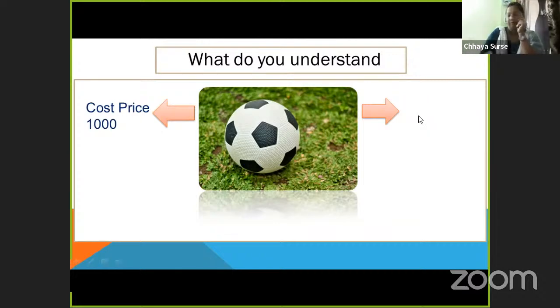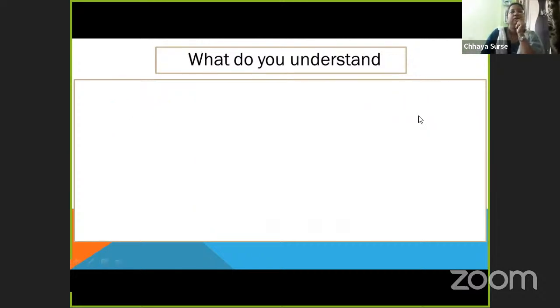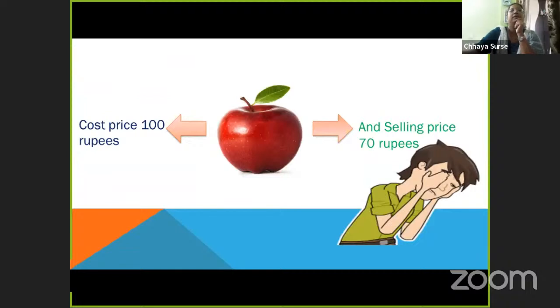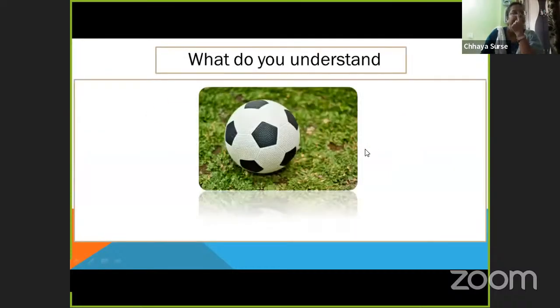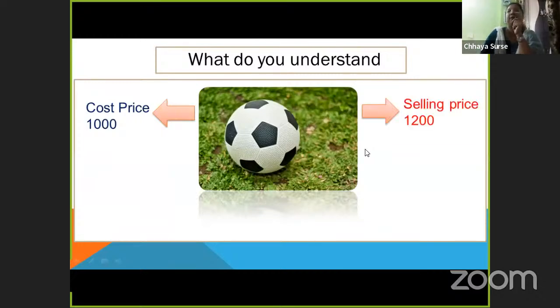In the previous example, the cost price was 100 rupees, but the selling price was 70 rupees. But in the next example, the cost price is 1,000 and the selling price is 1,200. So here is the difference.